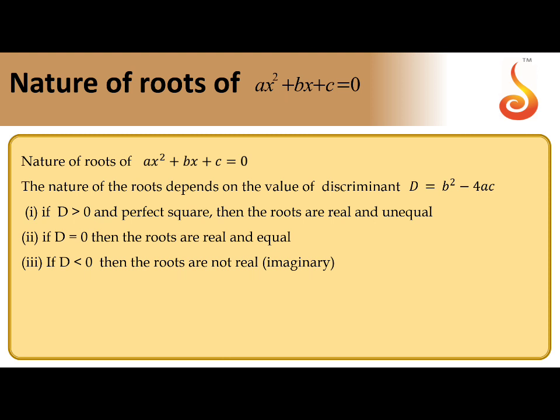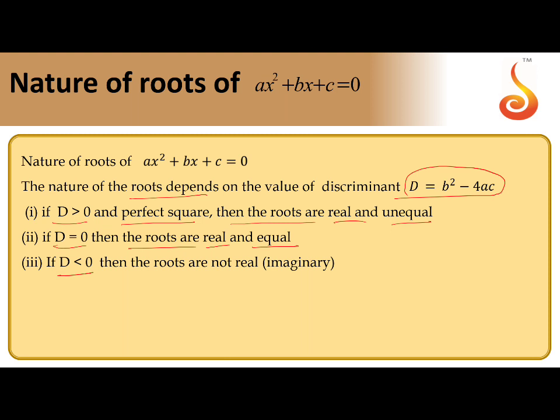Now, the nature of the roots of the equation. The nature of the roots depends on the value of the discriminant. If D is greater than 0, then the roots are real and unequal. If D is 0, the roots are real and equal.